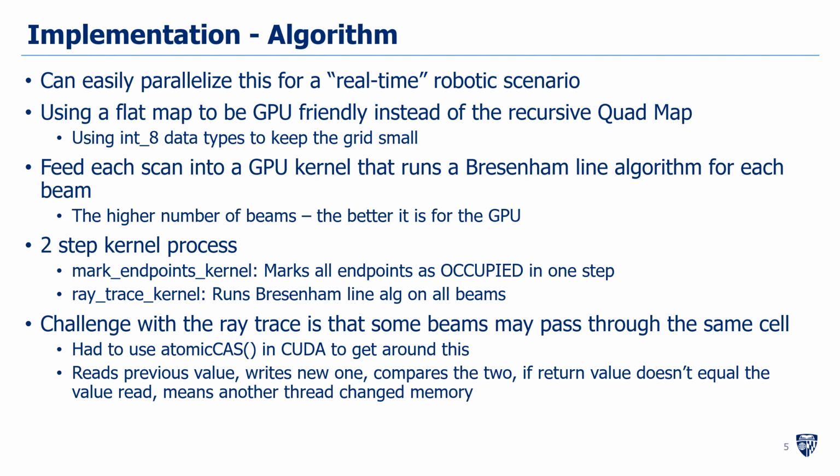A typical CUDA design pattern with that is to just put it in a while loop until it succeeds. I thought that was kind of weird, because atomic, to me, coming from C++, typically it's just guaranteed that you don't have to worry about it. So I thought it was interesting how CUDA handles that. I didn't look too far into why it does it like that, but I imagine the internals get pretty complicated.